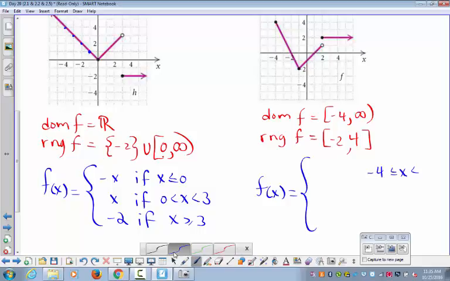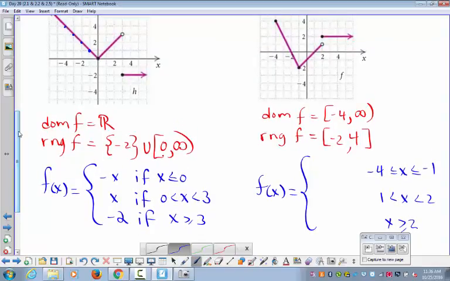Doesn't matter. I'll include it with the first piece. So then my second piece is going to go from -1 to 2, excluding the -1 and the 2. And the third piece is going to be greater than or equal to 2. Say that again? Should that be -1? This should be -1, yes. Yeah, thank you. Yeah, -1 to 2.